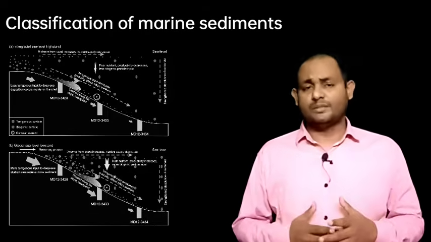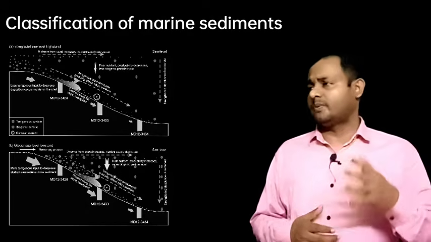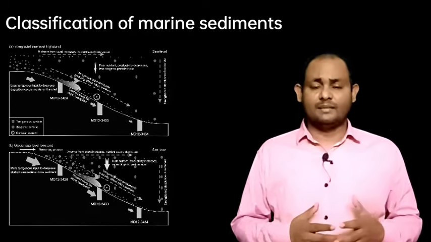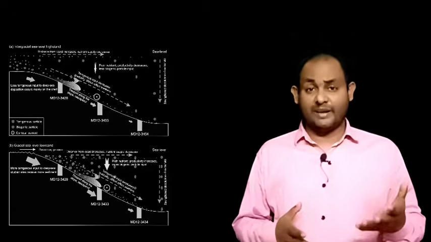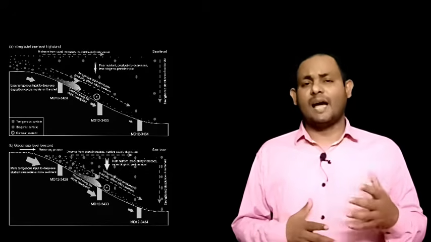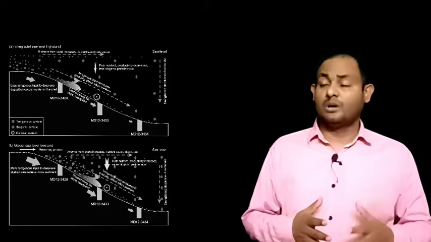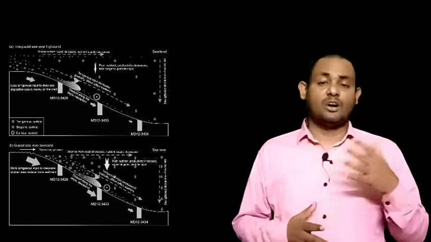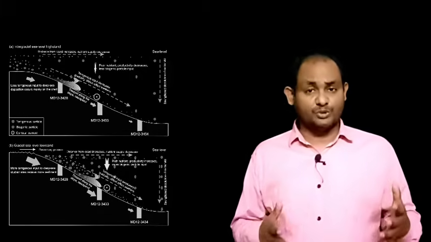And number two, biogenous sources, which provide sediments through decay and the destruction of marine plants and animals, and number three, hydrogenous sources, which include the precipitates of dissolved substances in the ocean water.